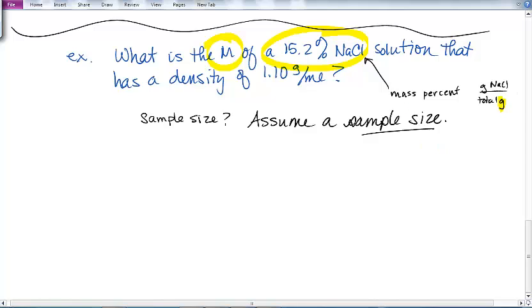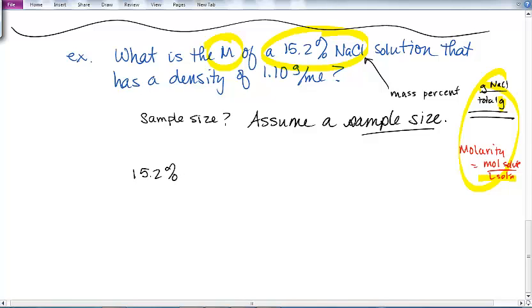If, for example, my units were given in molarity, which is moles of solute per liter of solution, I would probably want to assume a liter of solution, or a certain number of liters. It's probably easiest to assume one. So use the unit to help you decide what kind of sample size to assume. If I'm given this, as I was, I'm going to assume it in grams.